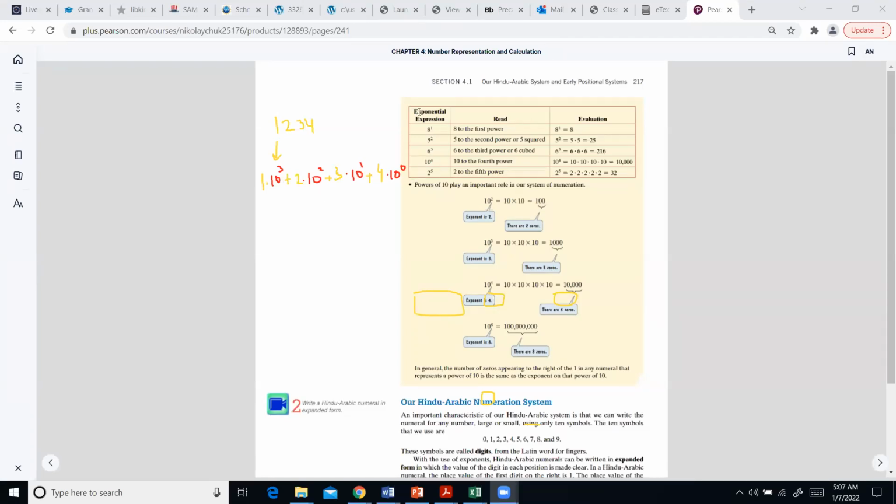In other words, people say this is going to be 1,000, right? And then 2 hundreds, and then 3 tens, and 4 ones. And that's actually the basis for describing all the numbers in a familiar way that we are used to in real life situations.